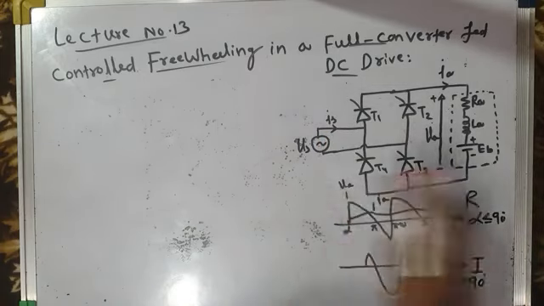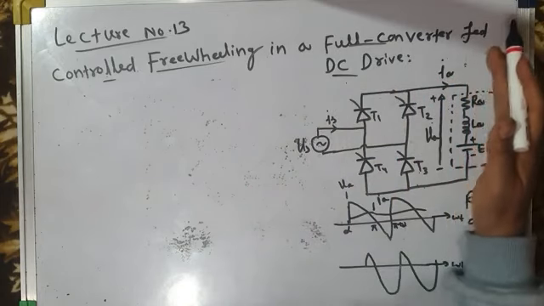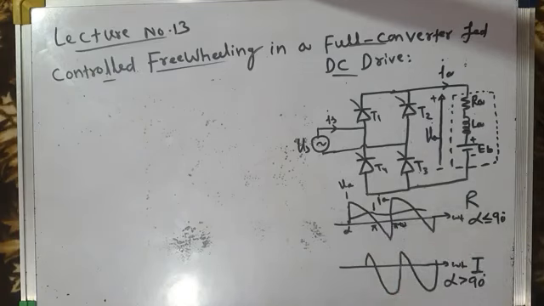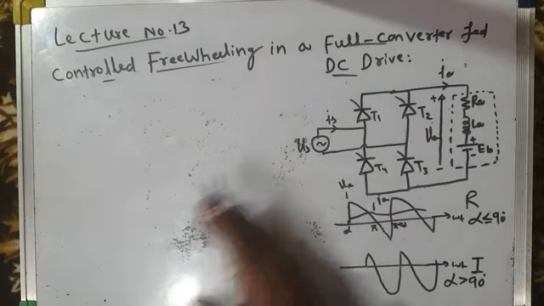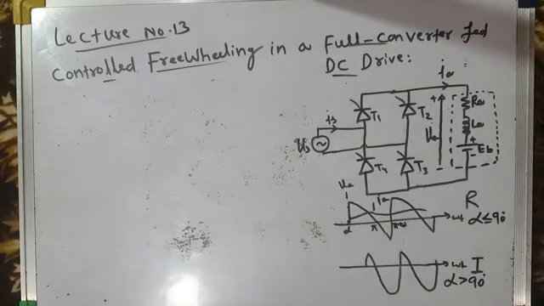So what is this energy which flows from source to load during the positive segment of the voltage, and from load back to source during the negative segment of voltage? This is nothing but reactive power, because we know that reactive power just shuttles between source and load. It flows from source to load and then flows back from load to source.